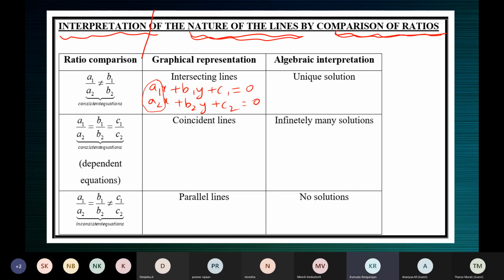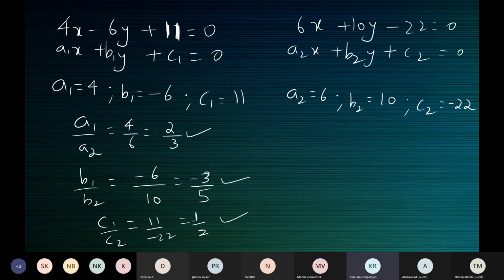So we have the headings again. Ratio comparison: what it means graphically, and what it means algebraically. That is how it is graphically represented and the algebraic interpretation. Somewhat you have understood what I meant. Now we have compared the ratios.